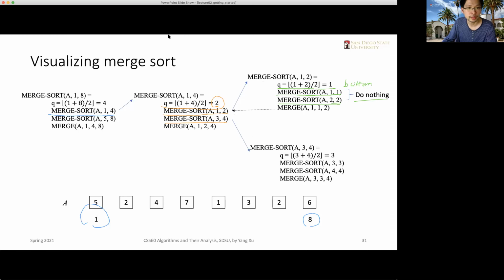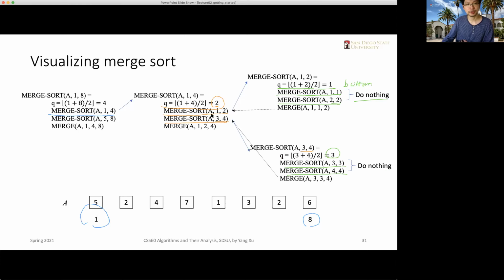We go to a different branch, which is to execute merge sort from 3 to 4. On 3 to 4, a new Q is computed as 3, and merge sort on 3, 3 and on 4, 4 will also do nothing because they are base cases, and they will return.